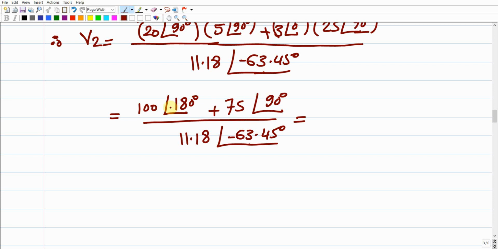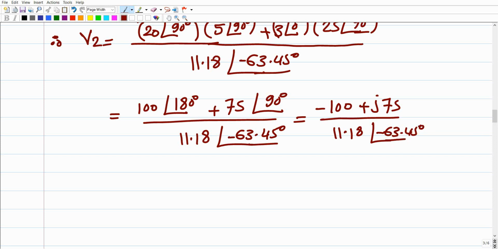Then you have to do the summation over the numerator. It should be converted to the rectangular form. The rectangular form of the angle 180 gives negative 1 times 100, and there is no j. The other one gives us positive j times 75. Now you have to convert this term into its equivalent polar form.